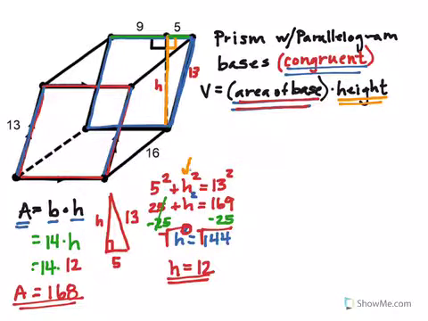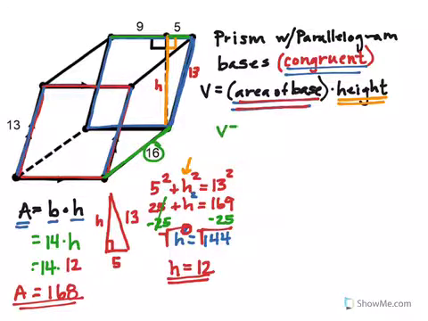This height is the height of the parallelogram, but this is the height of the prism itself. And that is this distance here as we look from base to base. The height is the distance from base to base, which is 16.